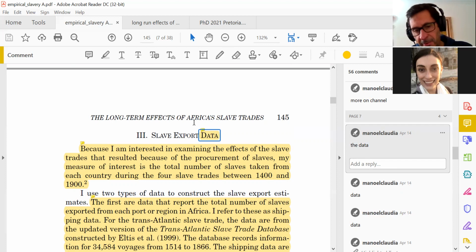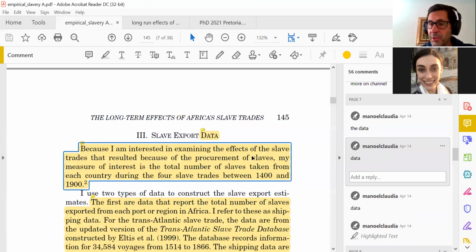Maybe the idea for the IV is clever, but the main innovation essentially is the data, right? So he spent some time explaining the data because he's interested in examining the effects of the slave trades that resulted because of the procurement of slaves. His measure of interest is the total number of slaves taken from each country during the 4 slave trades between 1400 and 1900.